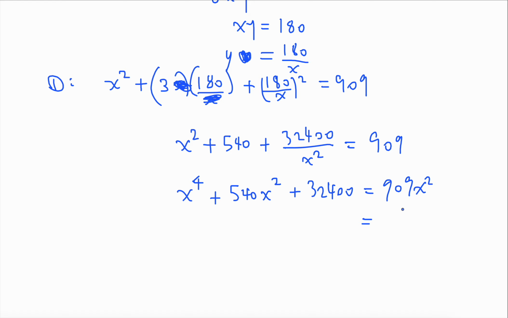So now we could bring 909 to the other side. On my calculator, 540 minus 909 is negative 369. So x to the 4 minus 369 x squared plus 32400.